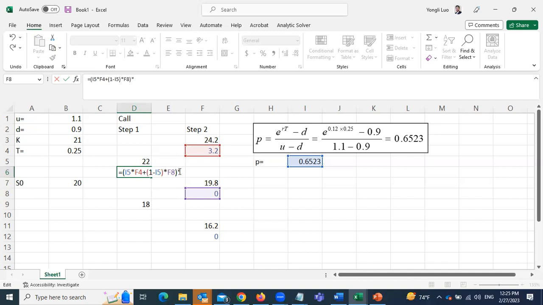e raised to the power of, exponential raised to the power of negative r times the time period, which is 3 months. Okay, I need to put the rate here.